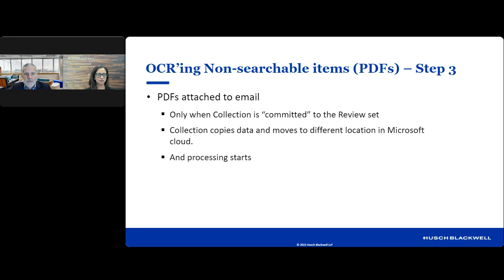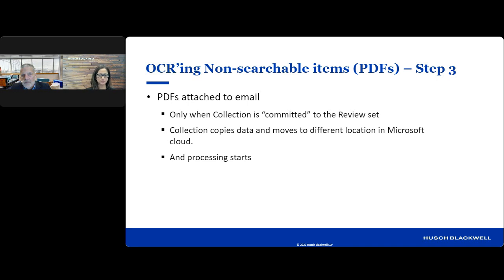The PDFs don't get OCR'd until the collection is committed to your review set. Microsoft copies that data set, moves it to a different location, and that's when the processing starts. So you may run a search term in the collection set, but that search term is only going to hit things that have words in it. Your PDFs will be missed unless you wait to do your search terms in the review set, and we'll go through some examples.